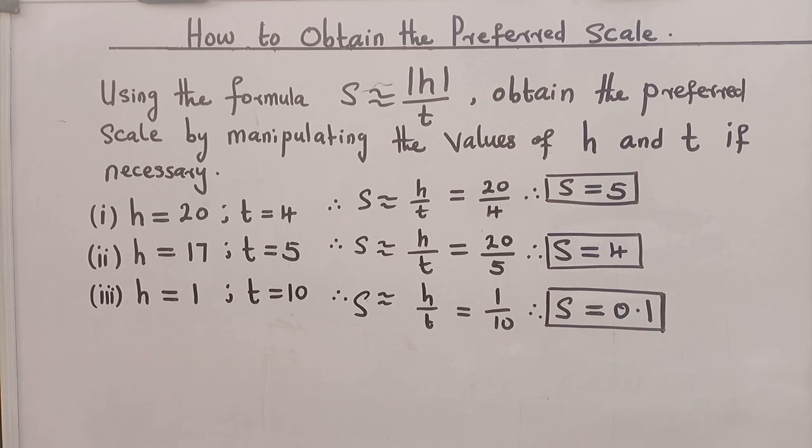Notice what happened here. There was no need for manipulation, so nothing was manipulated. After calculation, no need for manipulation. Before calculation, no need for manipulation. Some cases of this sort exist. Just use discretion in your effort to get the preferred scale.